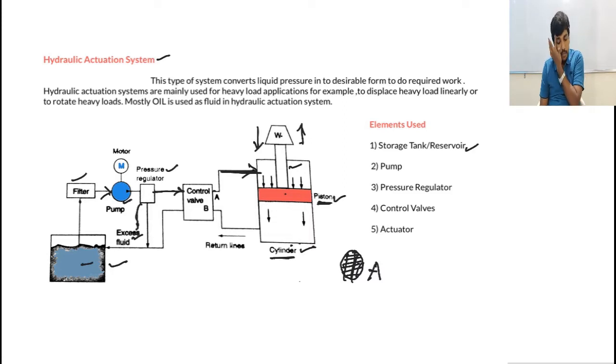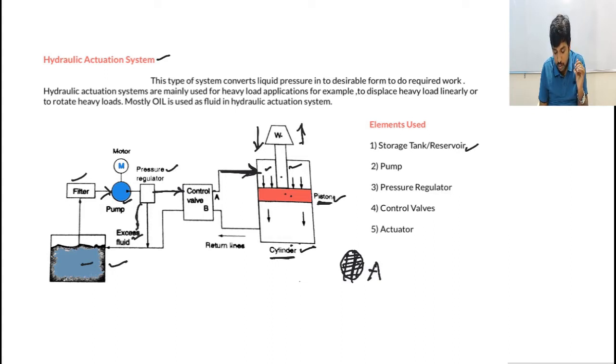Now tell me what should happen here. If you see in this diagram, if the liquid enters here, then what will happen? The liquid will apply pressure on the piston in the downward direction. Then obviously this piston and cylindrical rod both will displace in the downward direction, and the entire load will be displaced downward. Suppose you want to move the load in the upward direction, then what do we need to do?